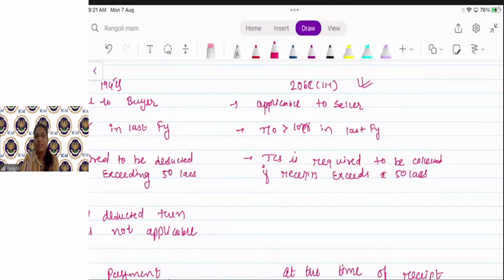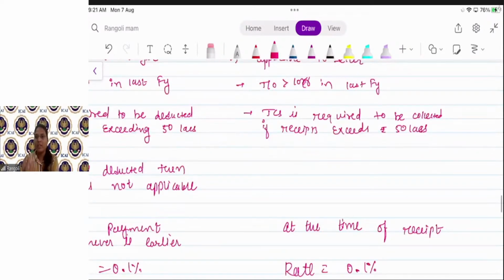Yes. Then at the time of receipt, that means whenever Reliance receives the 70 lakhs, if in the current year Reliance receives more than 50 lakh from XYZ Private Limited, then on the amount exceeding 50 lakh, Reliance will collect 0.1% TCS from that customer.